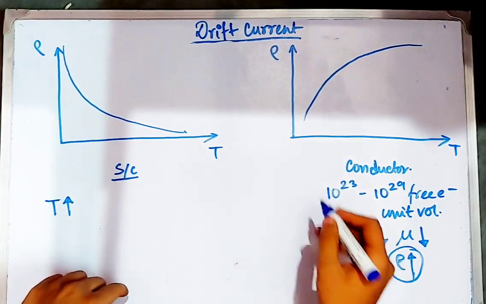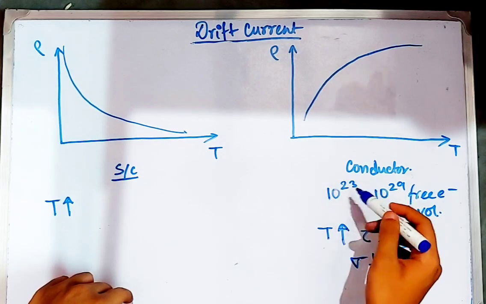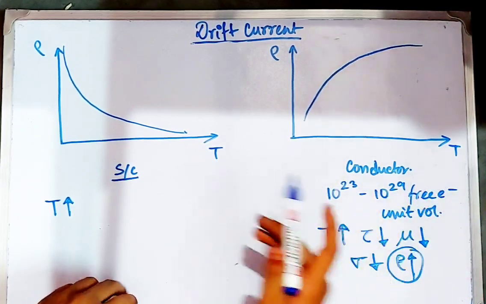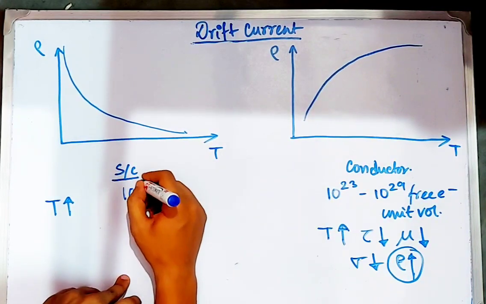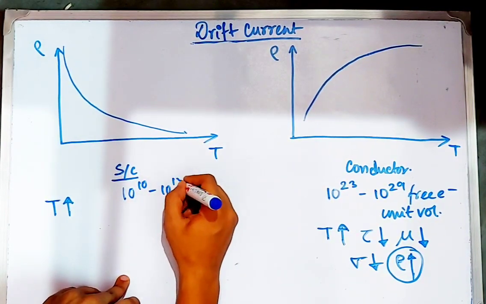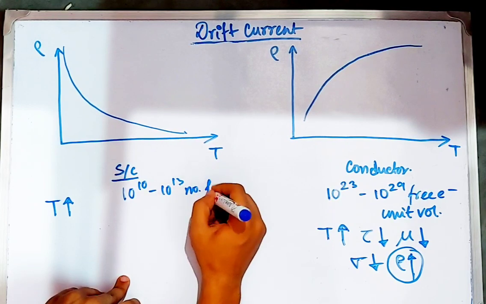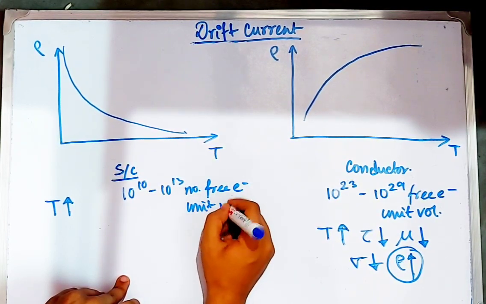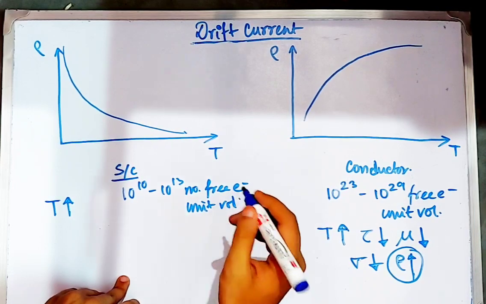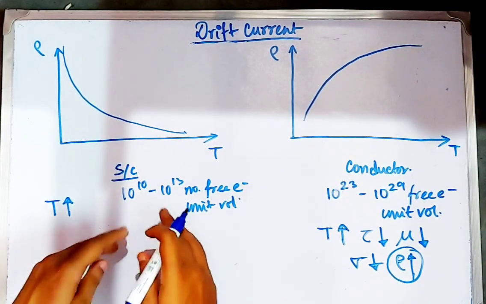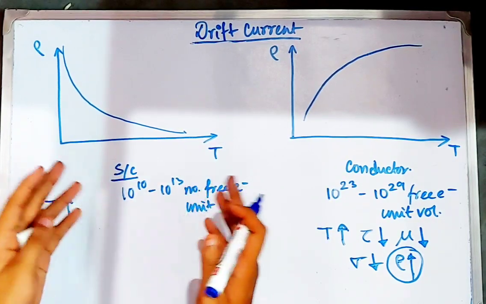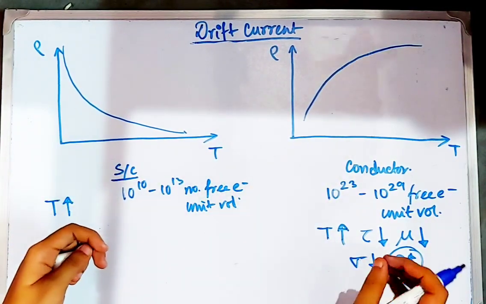In case of a conductor, there are 10 to the power 23 to 10 to the power 29 free electrons within a unit volume. But in case of a semiconductor, there are only 10 to the power 10 to 10 to the power 13 free electrons present in unit volume.